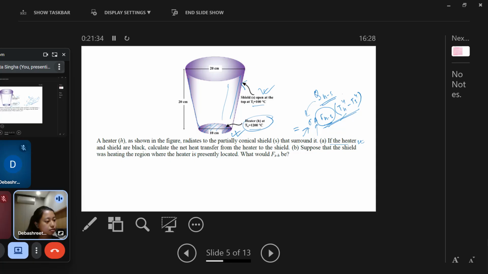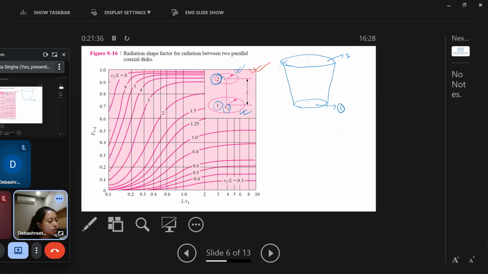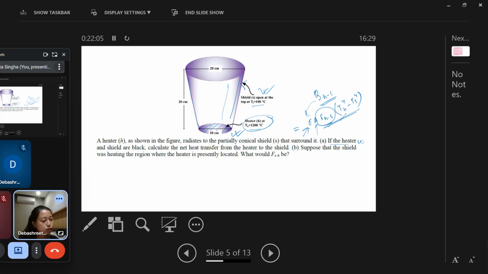The diameters were given as 10 centimeter and 20 centimeter. So R2 is 10 centimeter and R1 is 5 centimeter. So we need to find out R2 by L and L by R1. L is given as 20 centimeter.